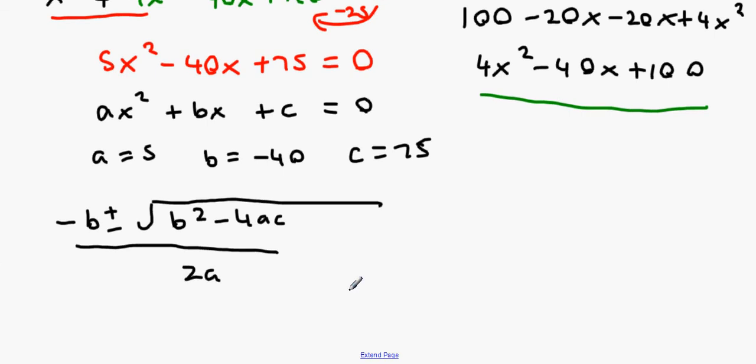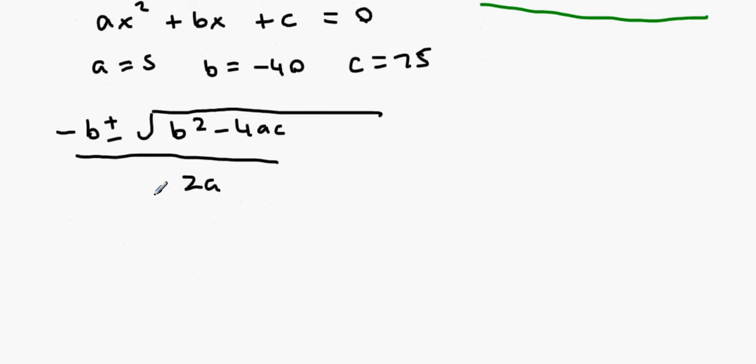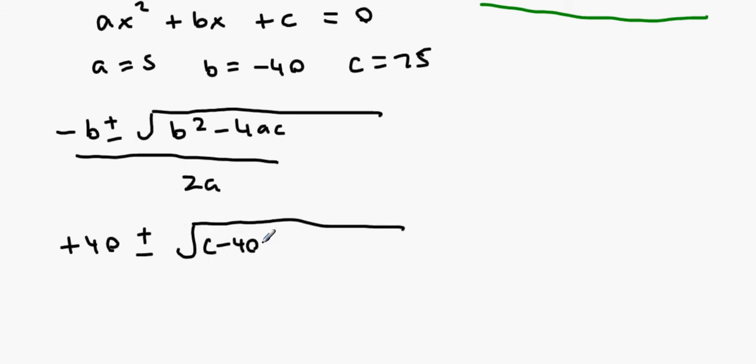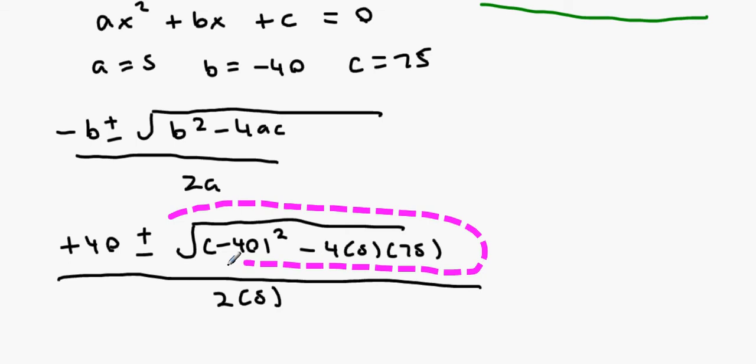So minus minus 40 is going to be plus 40, plus or minus the square root of minus 40 squared minus 4 times 5 times 75, all over 2a. When we're doing these, we just put this part directly into the calculator exactly as it looks, so we should get an answer straight out of this.